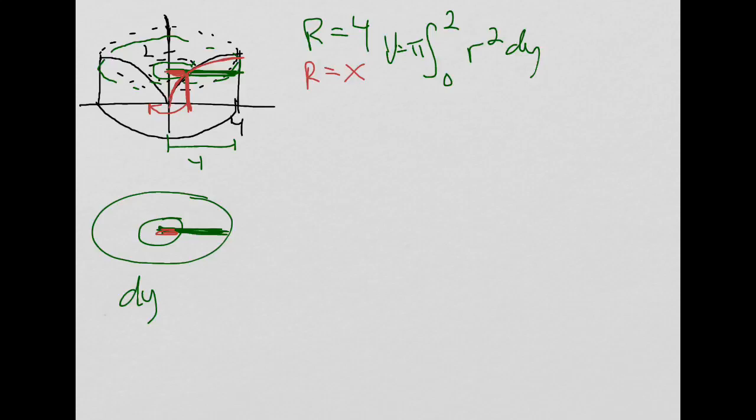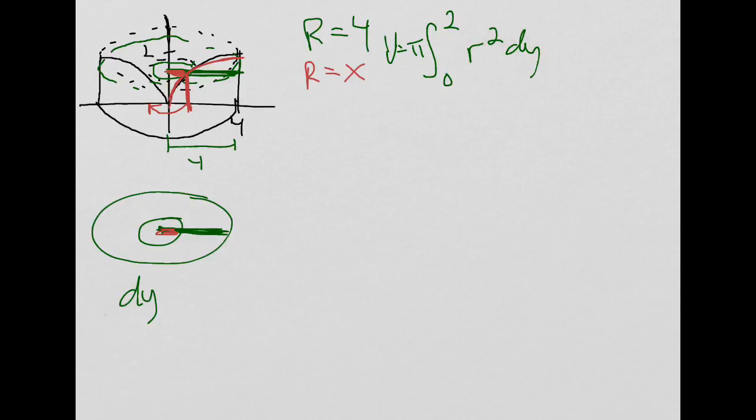Now, I kind of talked about this in the video for 7, but if I try to plug in this x right here, the radius is x. If I try to plug in the x for my r, I get x squared, but I can't integrate that with respect to y.